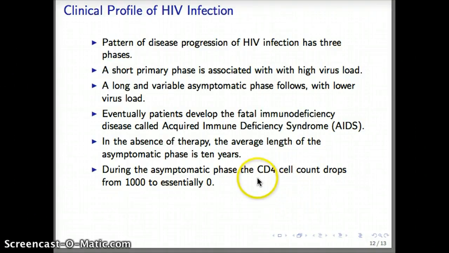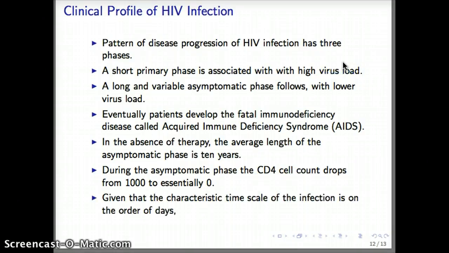There is a measurement on the CD4 cells, and that measurement drops from the order of magnitude 10 to the 3, from 1000, to essentially 0. So CD4 and virus load are two things to keep in mind.